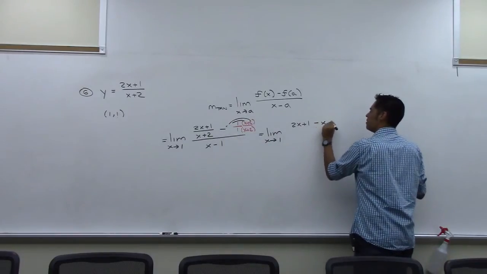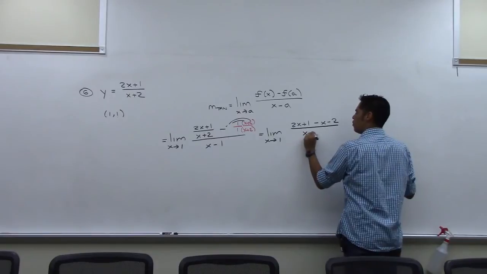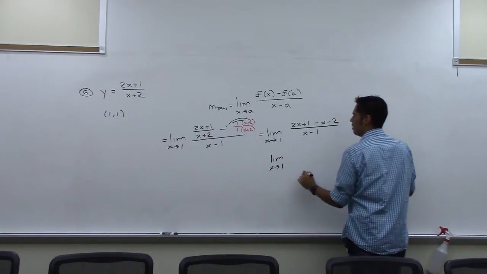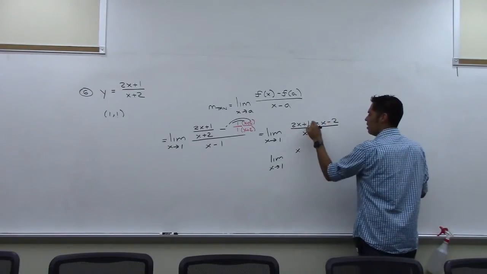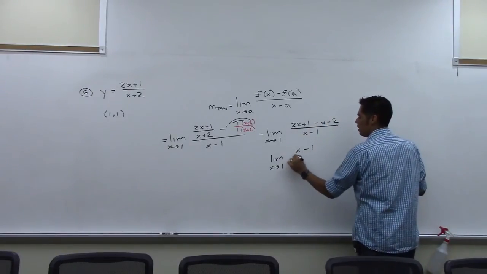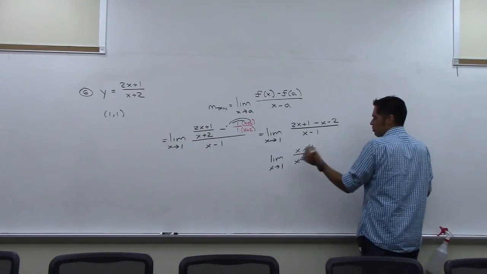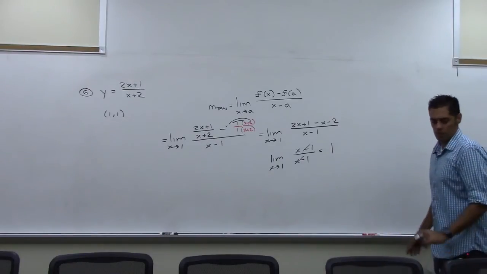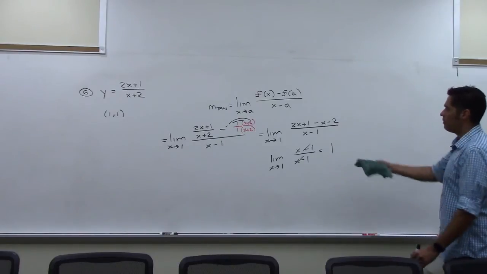So minus x minus 2, all over x minus 1. This is the limit as x approaches 1. Oh, this is real nice. We get 2x minus x, that's x. 1 take away 2 is minus 1. And man, these just go away right away. This is just 1. So the limit is 1, and that's the slope of our tangent line.